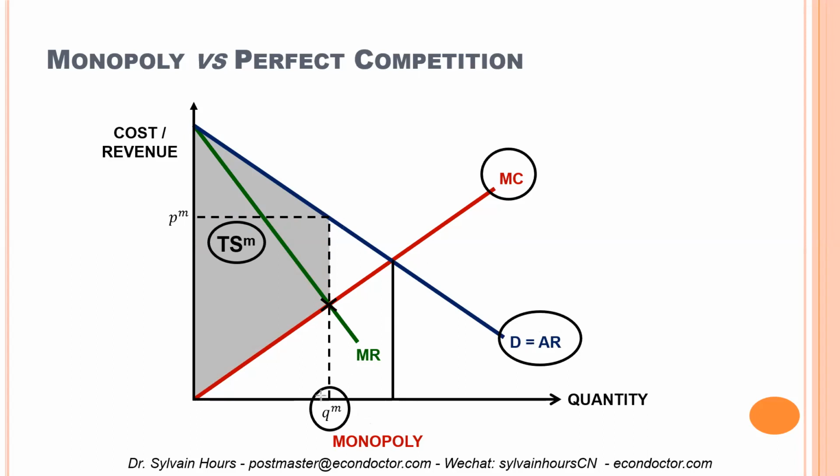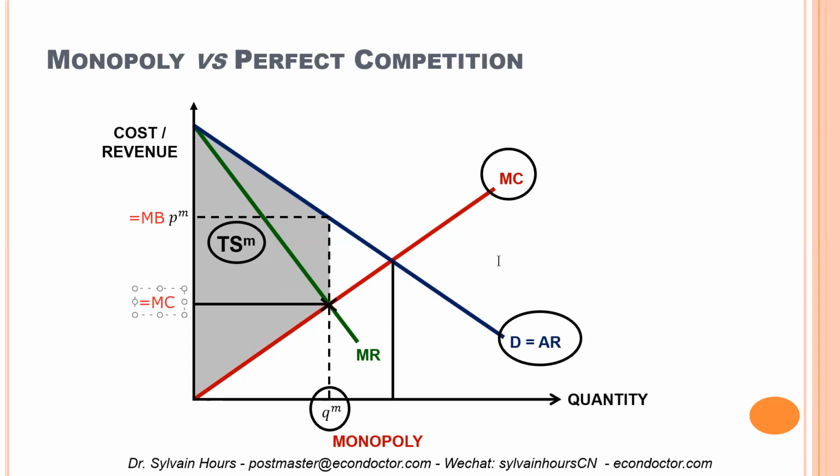At QM, the marginal benefit of consumption, which is right here, is equal to the price. The marginal benefit of consumption is greater than the marginal cost of production, which is right here. This is my marginal cost of production. It is by increasing output that I would increase total surplus.